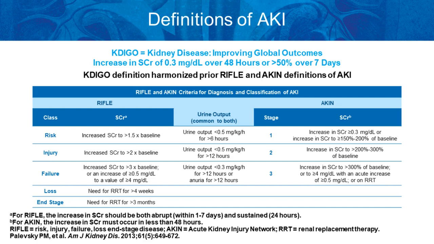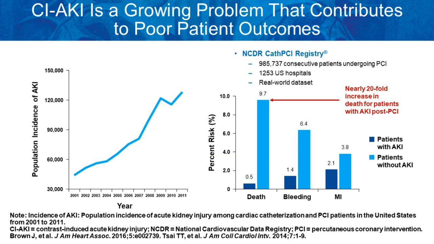Now, in terms of the definition of acute kidney injury, there have been a number of different definitions over the years, but what's used now is primarily the Acute Kidney Injury Network definition, or AKIN definition, which is a rise in serum creatinine of greater than 0.3 milligrams per deciliter over a 48-hour period. With that definition in mind, we can see that contrast-induced AKI is a growing problem that contributes to poor patient outcomes.